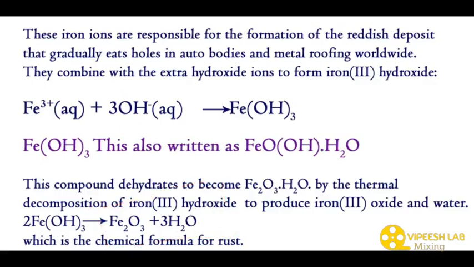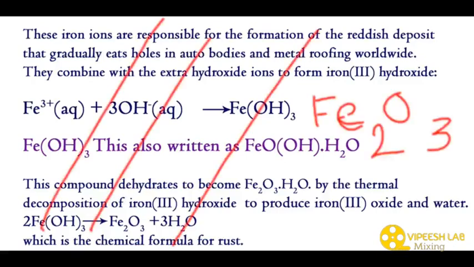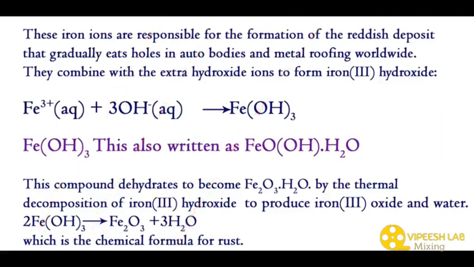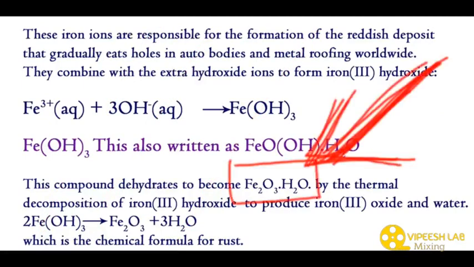So by this we should learn that rust is actually Fe2O3, but when it is undergoing the thermal decomposition process, it will be dehydrated like this, and later its chemical form is Fe2O3·H2O.